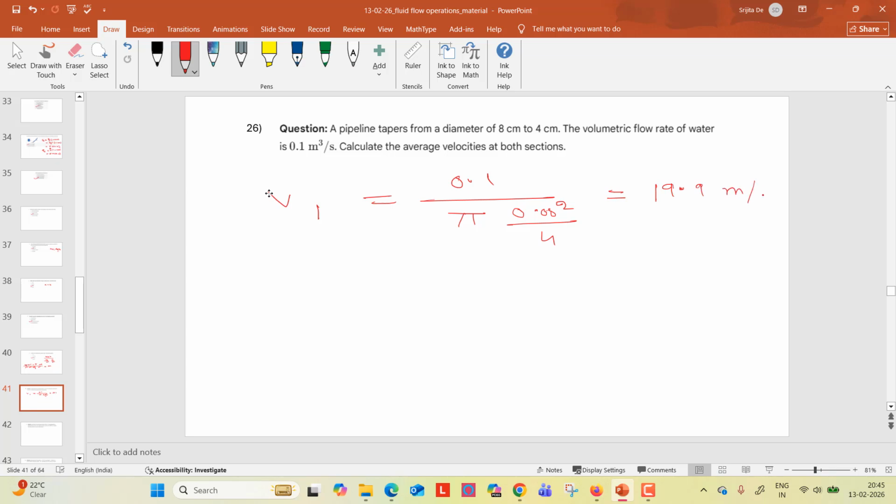And V2 will similarly be 0.1 by pi into 0.04 square by 4, equals 79.6 meter per second. Okay, so these are the two answers. Next.